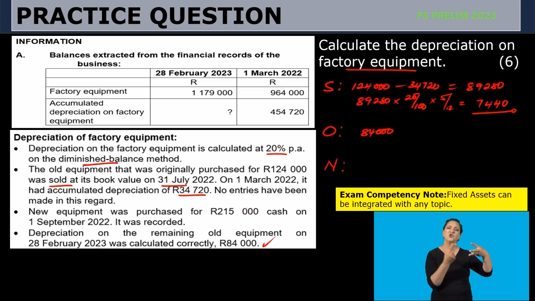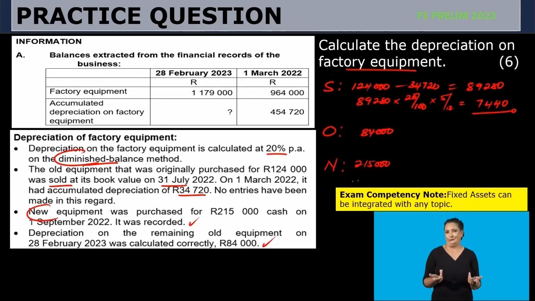New equipment was purchased at 215,000 cash on 1 September. It was recorded. Okay, but here we're calculating depreciation on the diminishing balance method. So we don't need to subtract accumulated depreciation because this is new equipment. So I'm just going to say my 215,000, multiply that by your 20 over 100.